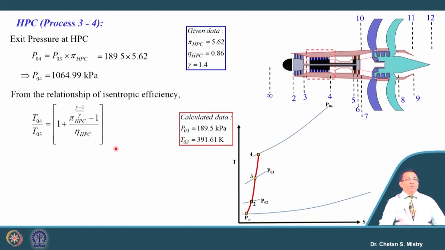And temperature, as we discussed for the LP compressor, we can correlate with the pressure ratio as well as the isentropic efficiency. For the HP compressor, if we put this in, T04, the temperature at the exit of the HP compressor, comes to be 681.95 Kelvin.